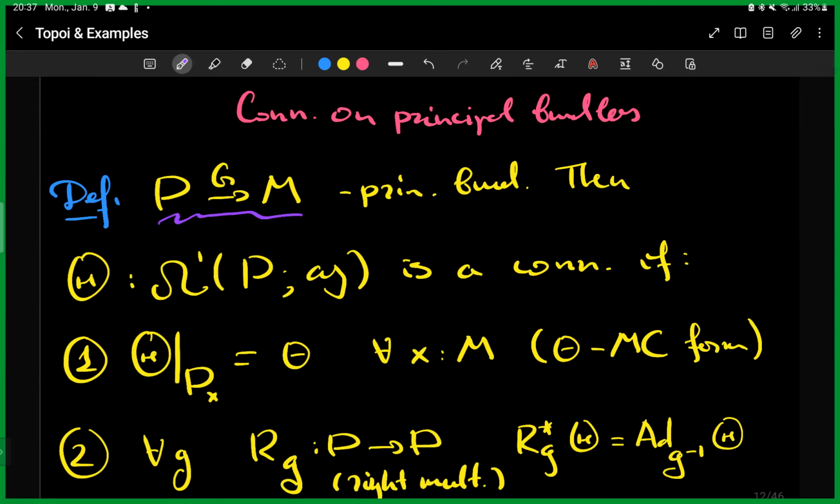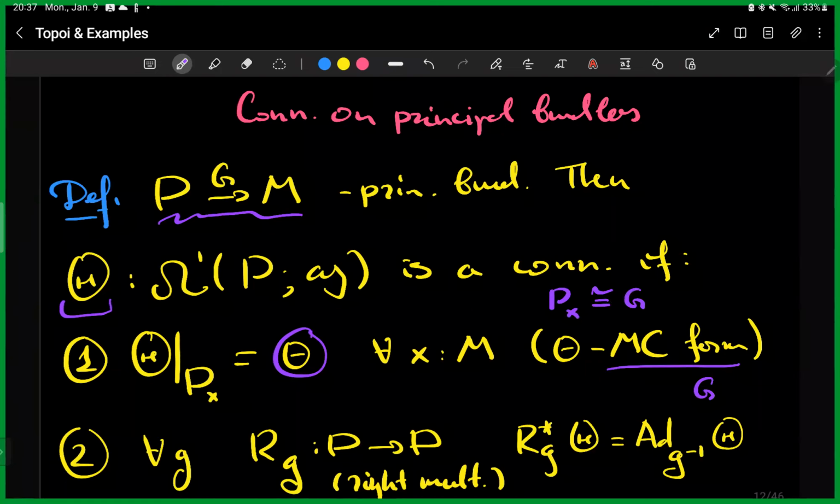Then we say that we have a connection on this principal bundle if we have a one form valued in the Lie algebra of our group. And we say that it is a connection if, when we restrict it to any of the fibers, we get the canonical Maurer-Cartan form on G. It's the Maurer-Cartan form on G because, since it's a principal bundle, each fiber is diffeomorphic to G.